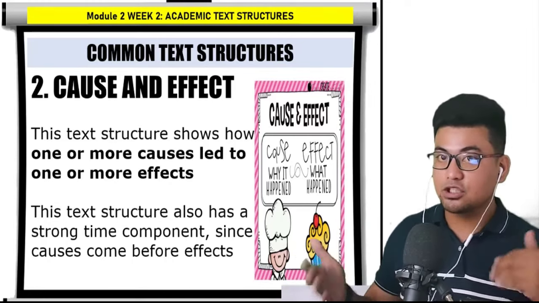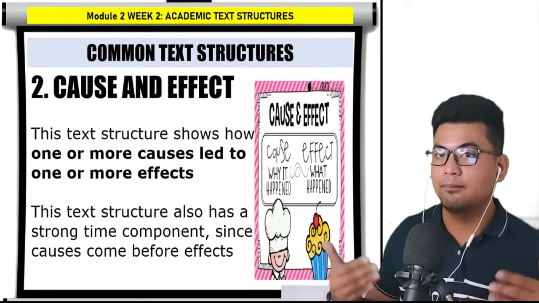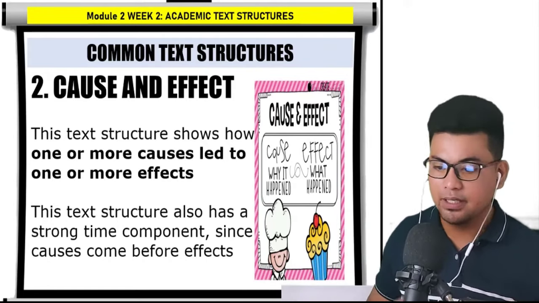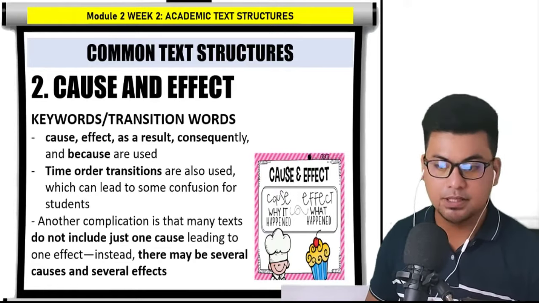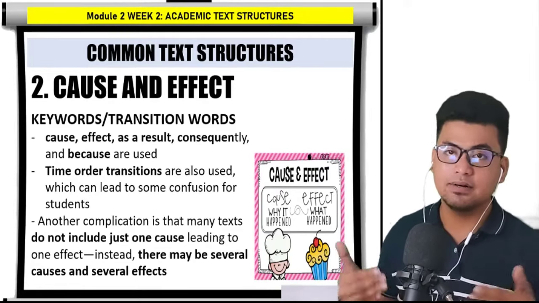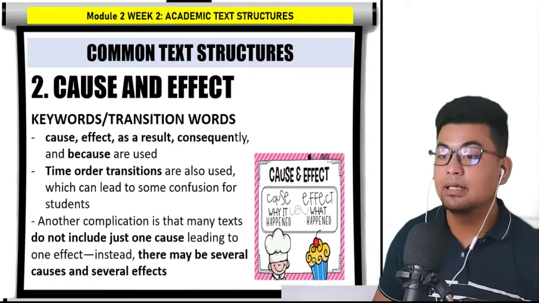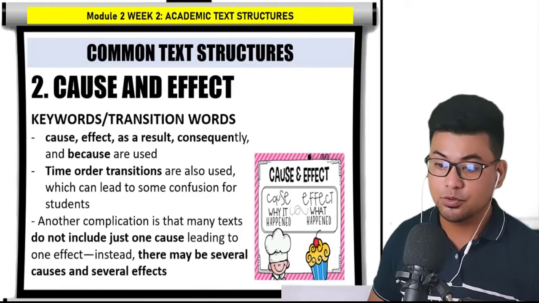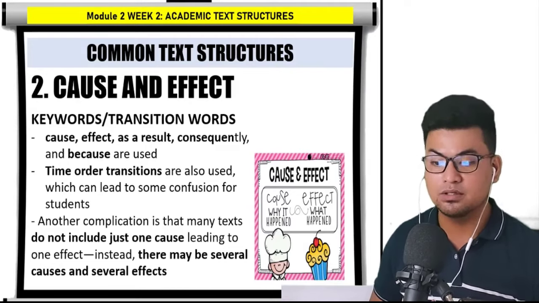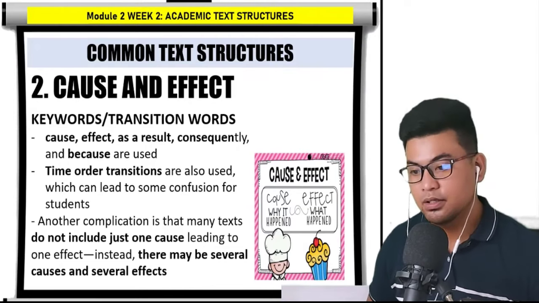They can mix together and you can use everything. Okay, that's the point. All right, and so here are the keywords and transition words: cause, effect, as a result, consequently, and because are used. And time order transitions are also used, which can lead to some confusion for students.